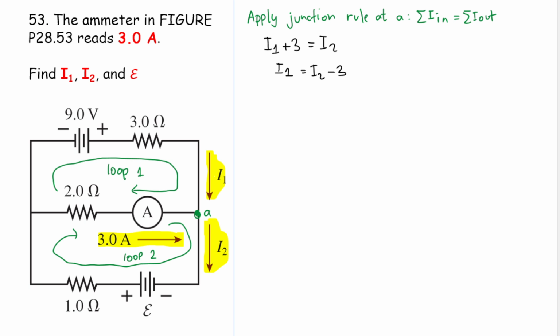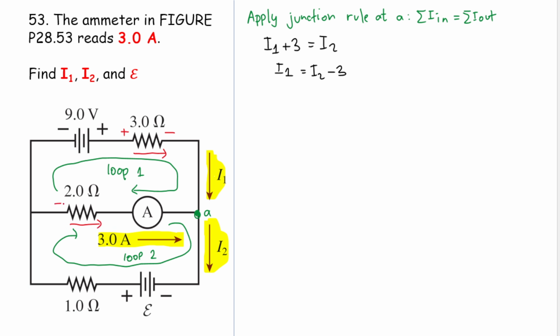But for the resistor, I1 goes there, so in this resistor the current goes there, right? Here I use this convention where the side the current comes from is the positive side and where the current goes to is the negative side. Here I have 3 ampere going to the right, so the current that passes through this resistor looks like that.